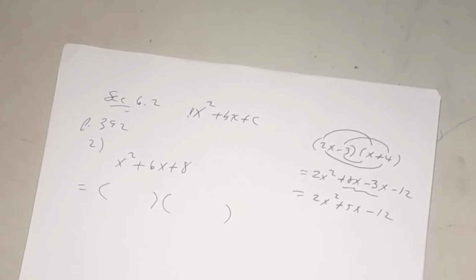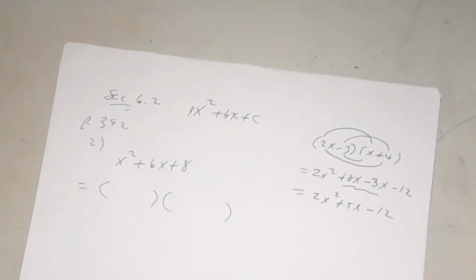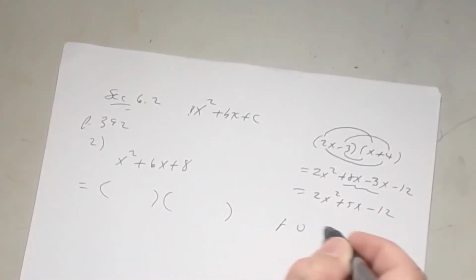GCF is 1, nothing to pull out. If this had 4 terms, I'd try factoring by what? Grouping. But it's not 4 terms, it's 3 terms. So you're going to go directly to 2 binomials. You're going to put parentheses, parentheses. Now let's talk about the FOIL. Watch how easy this is.